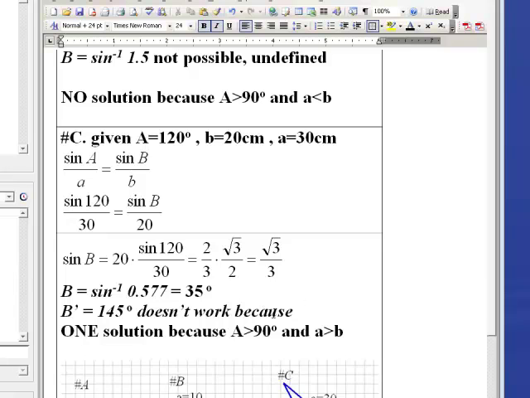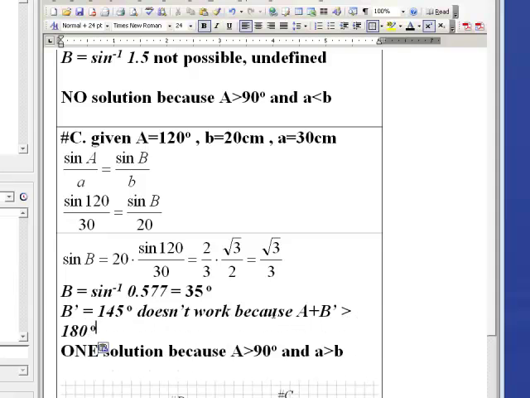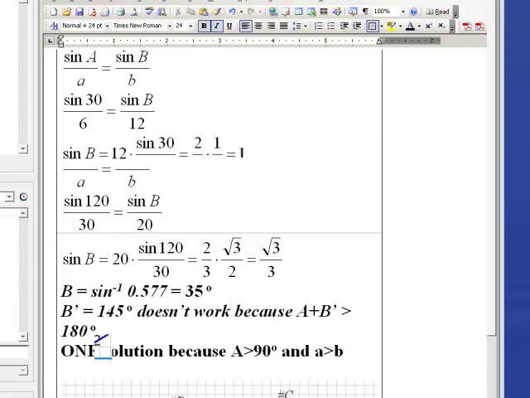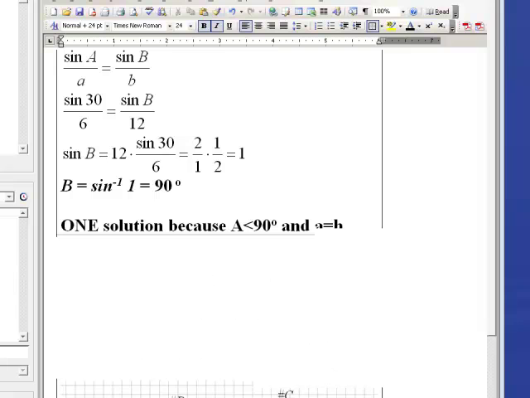Because the given angle A plus B prime in this case is already greater than 180 degrees, as you can see. Here it works. The second solution works.